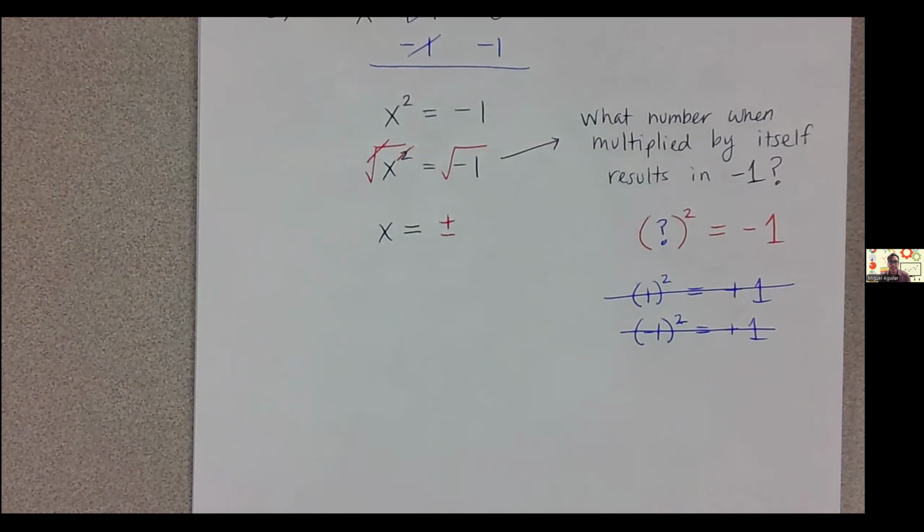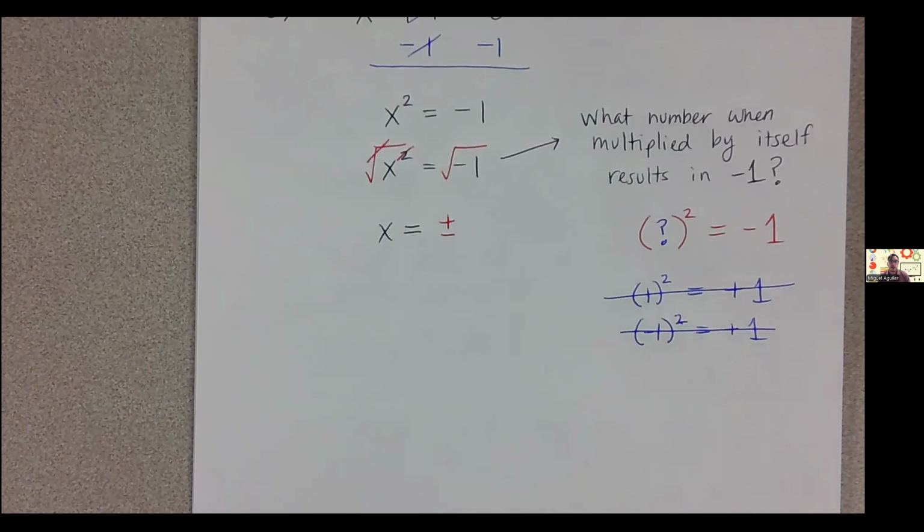As we understand it now, there's no real number, positive or negative, that if you multiply by itself is going to give you a negative, because a positive times a positive stays positive, and a negative times a negative becomes positive. So how can we get a number times itself to give us a negative?